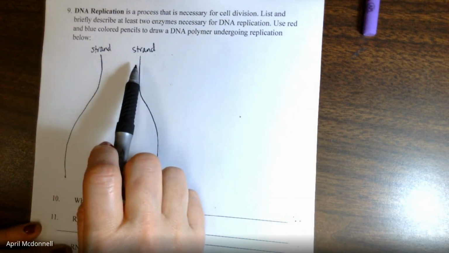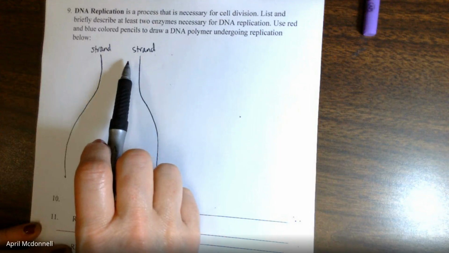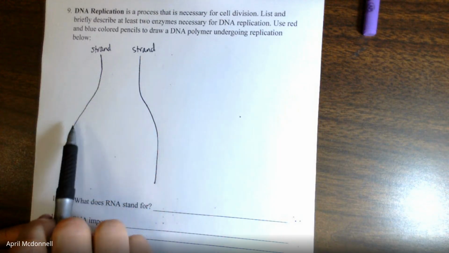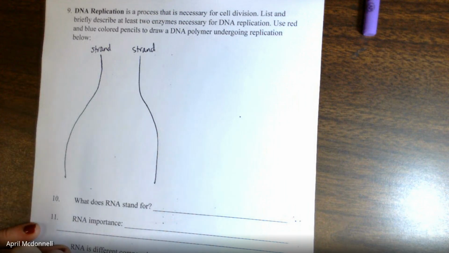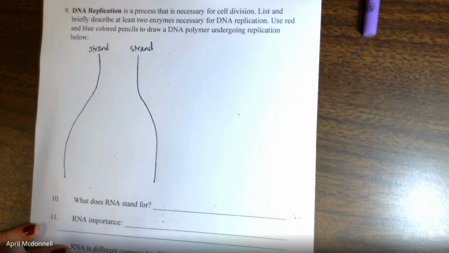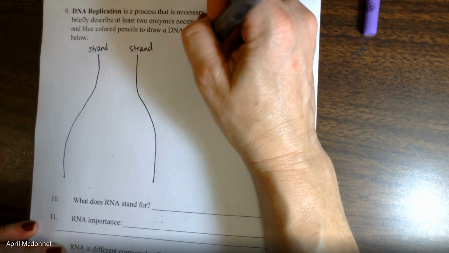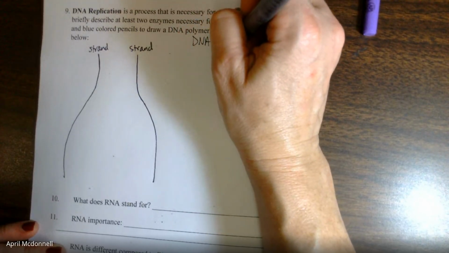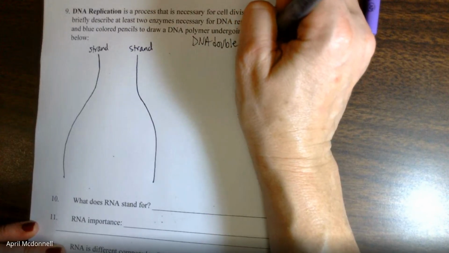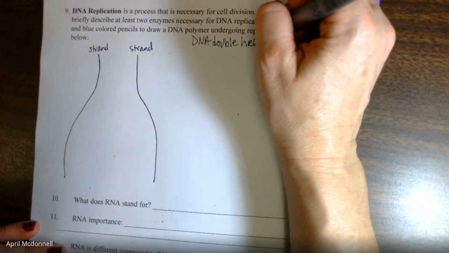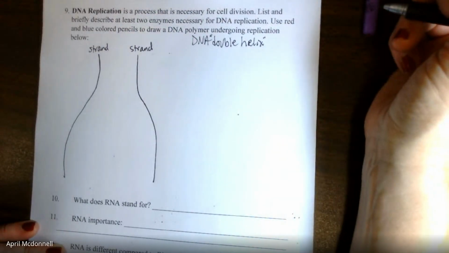Oftentimes, the DNA strands twist together to form a shape very similar to a spiral staircase. Okay, and in this case, DNA would be called a DNA double helix. That is the common anatomical structure when we refer to DNA.